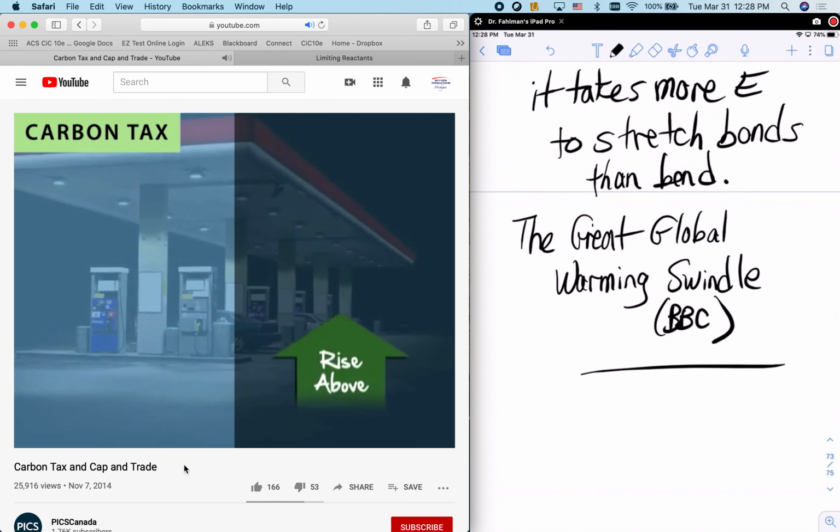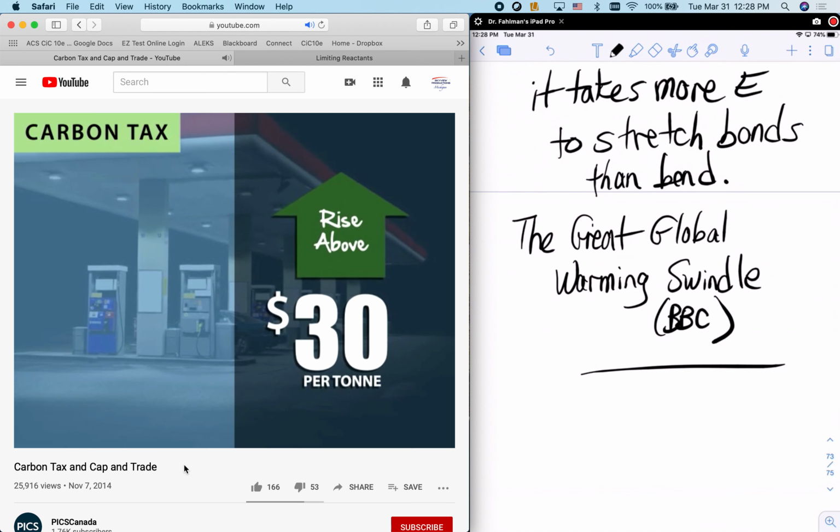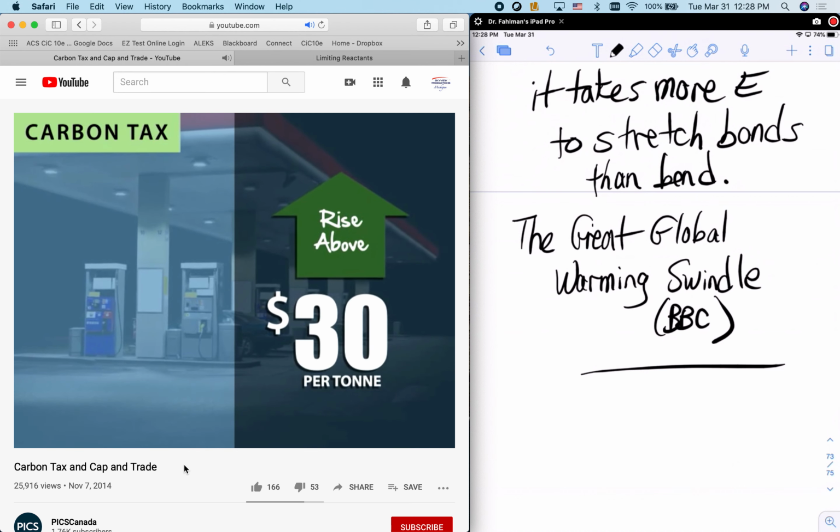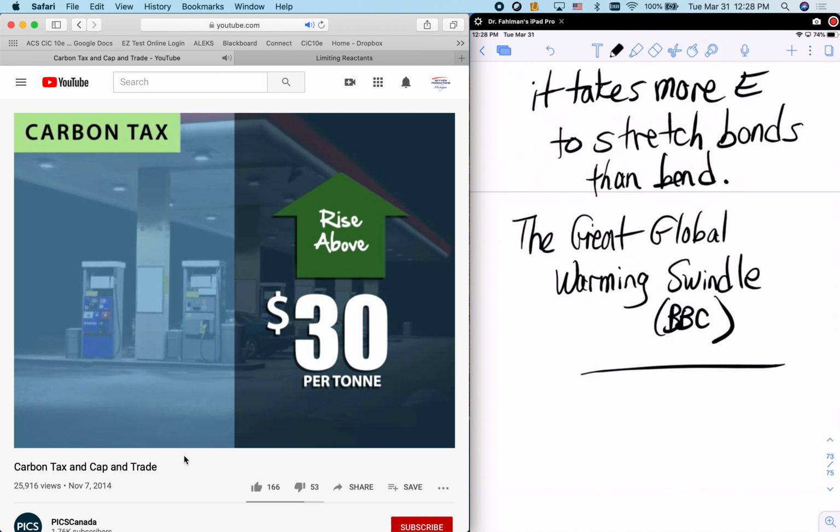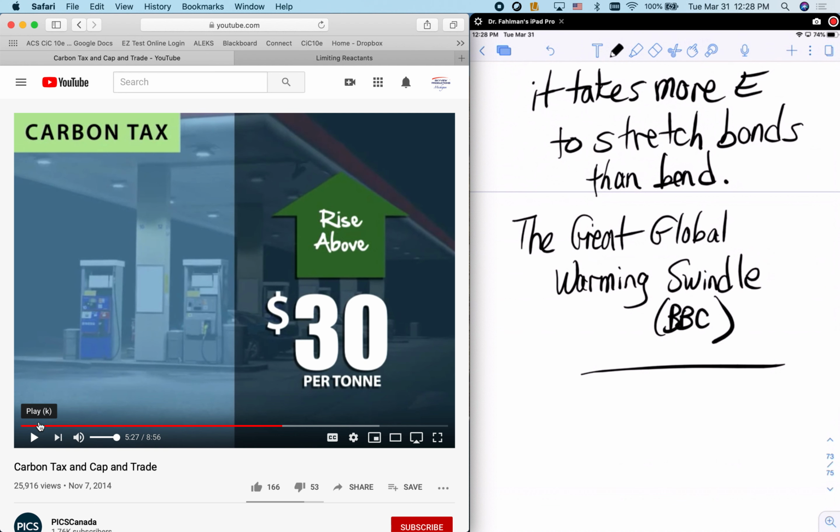But BC's carbon tax will need to rise above $30 per ton to encourage further reductions in fossil fuel use. To be consistent, and just to bring an update to this, the current carbon tax in BC is higher than $30 per ton. It's actually 45 now, and it'll go to a cap of 50 in 2021.